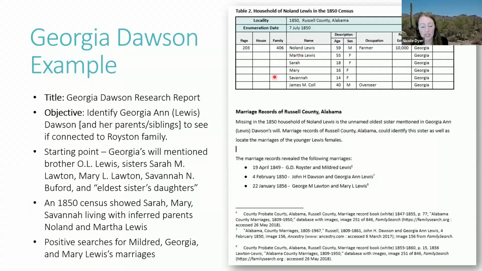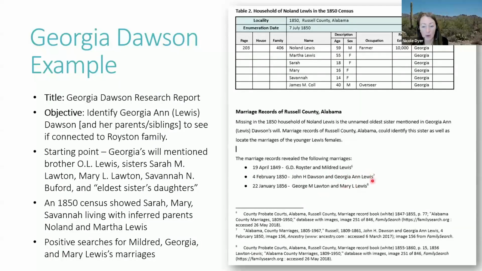And so then she did some marriage searches to see if she could correlate what she was seeing here and in the will with the marriage of some Lewis women to these men with the surnames Lawton and Buford. So she wrote in her report that she searched for marriages and found G.D. Royster marrying Mildred Lewis, John Dawson marrying Georgia, which is the research subject, and George Lawton marrying Mary Lewis.